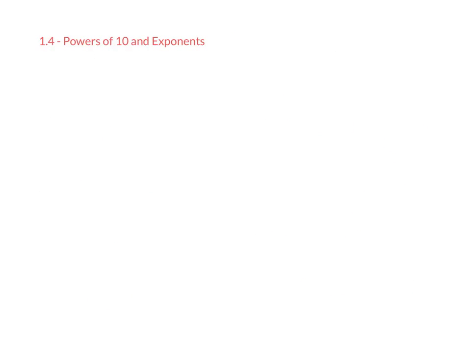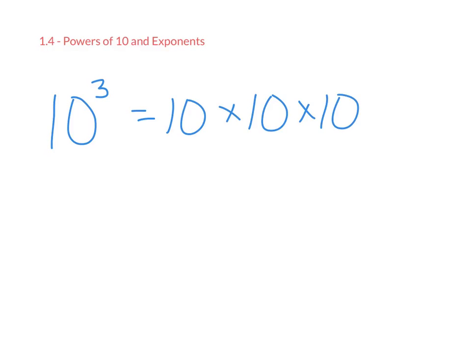All right, so just to review, if we have 10 cubed, 10 is our base number, 3 is our exponent, and the 3 tells us we're multiplying 10 3 times. So 10 cubed is equal to 10 times 10 times 10, right, 10 3 times, and that's equal to 1,000.